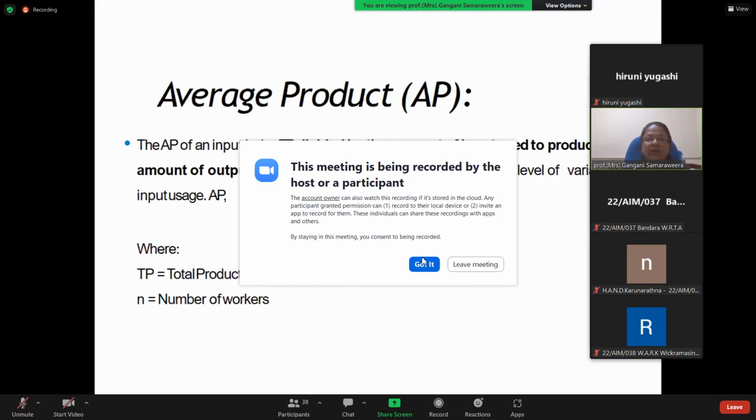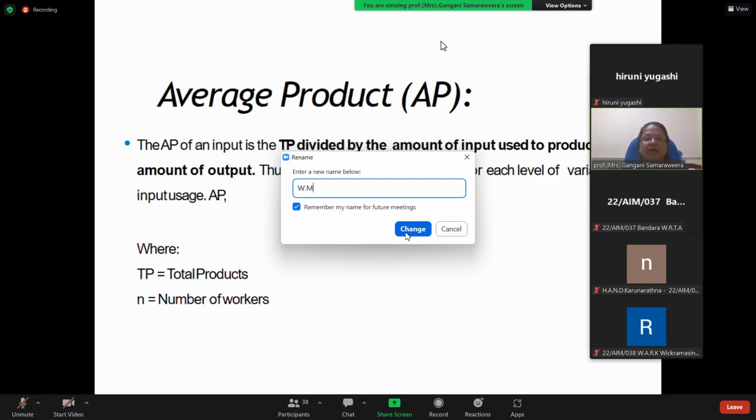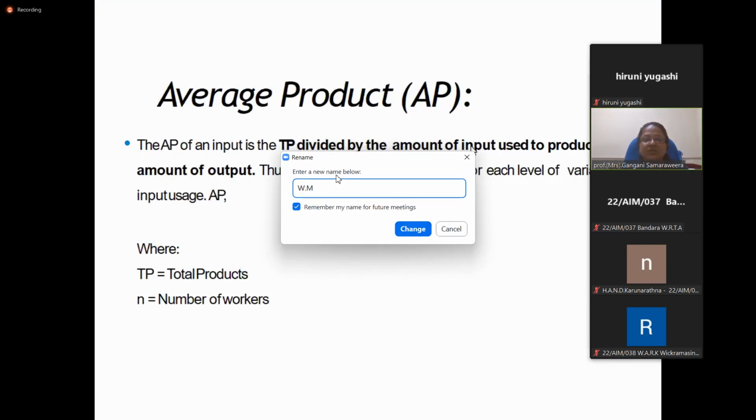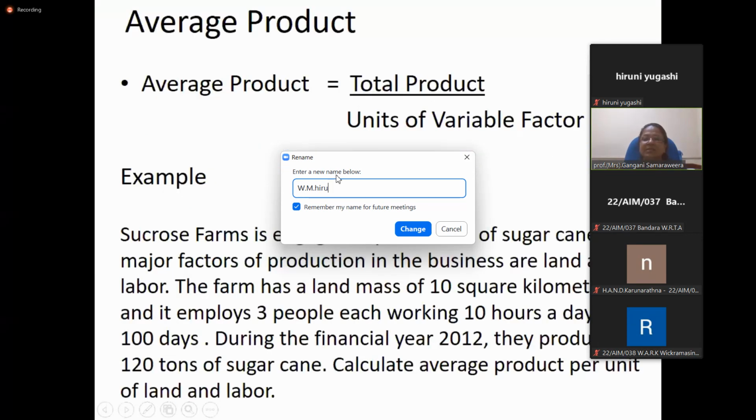Now we will move to one small calculation, because in this system we have to admit participants one by one, that's why it takes time. Here is a small example. Hope you all can see.